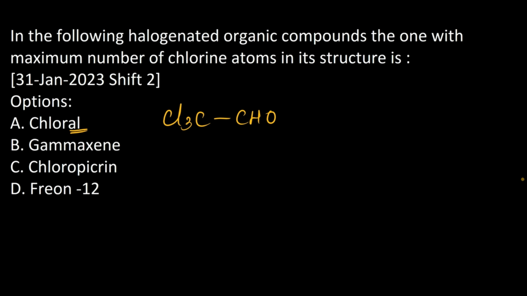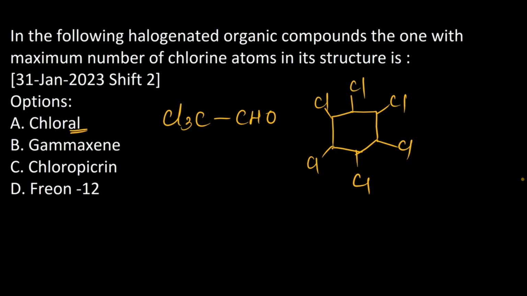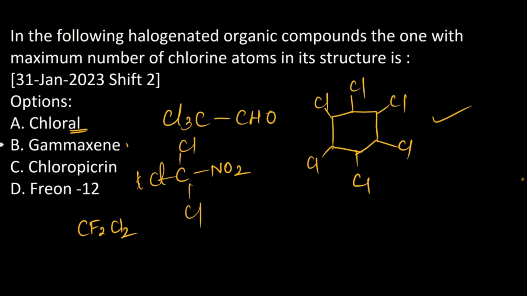And gammexane is cyclohexane with 1,1 Cl each. Then chloropicrin: we know picric acid, which is aromatic, but here I have nitro with 3 chlorines in it, and freon 12 is CF2Cl2. So obviously gammexane becomes your answer.